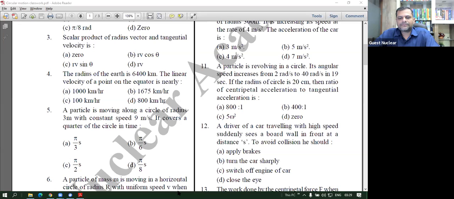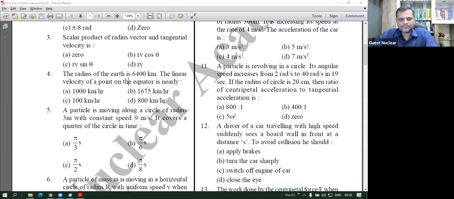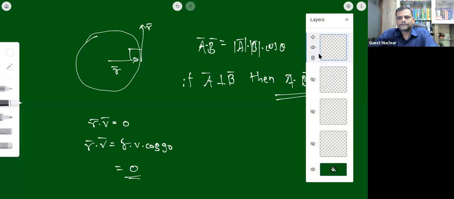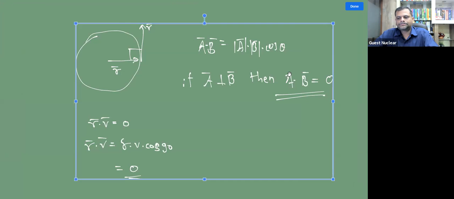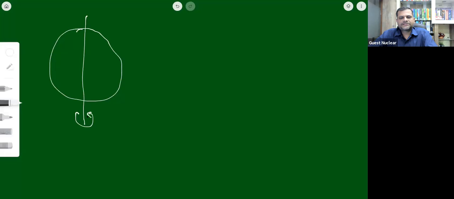So suppose this is the Earth, okay, and it is rotating about its axis like this.